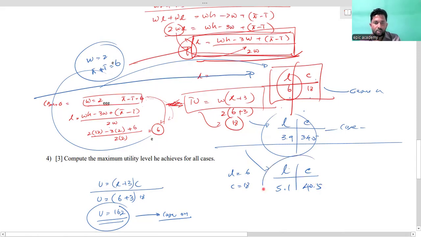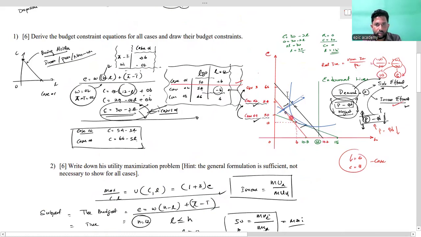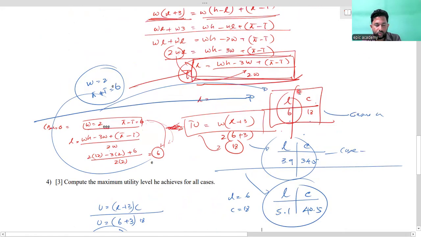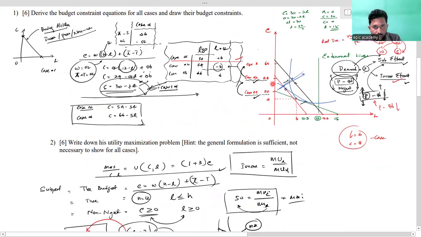Okay, you can put that value also, L for the second case and third case. Okay, 34.5 in here, 3.9.